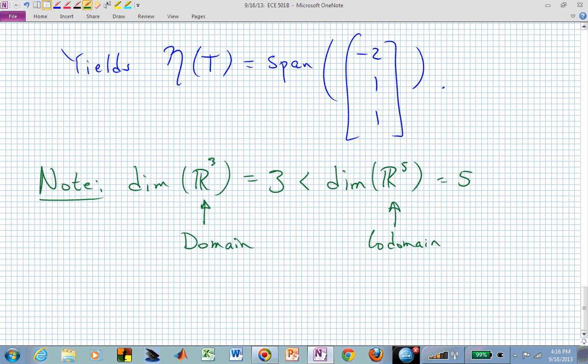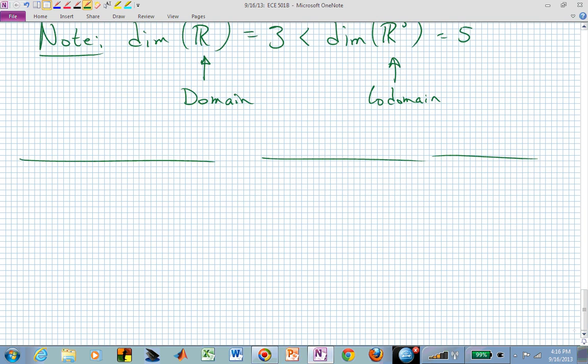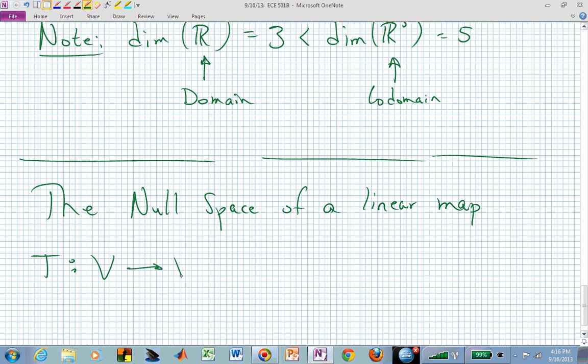Now, let's show or convince ourselves that the null space that we've now created or looked at in a few ways actually forms a subspace. So the null space of a linear map T, such that we map V into W, is a subspace.